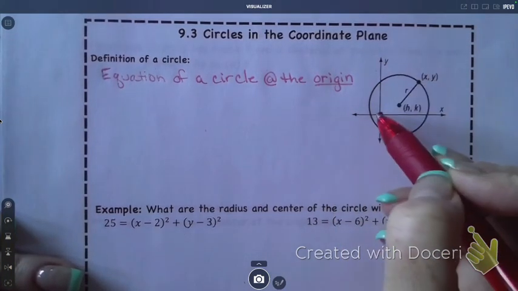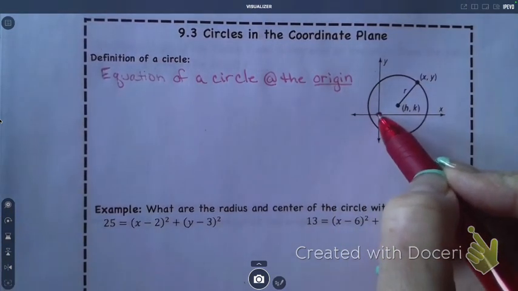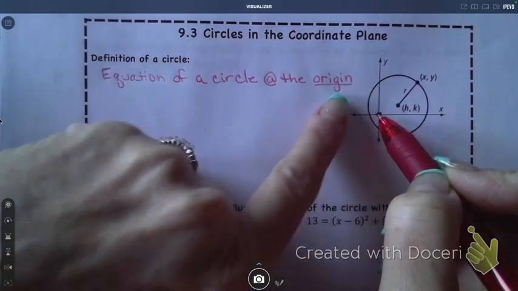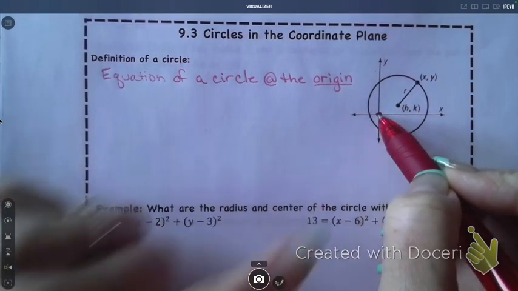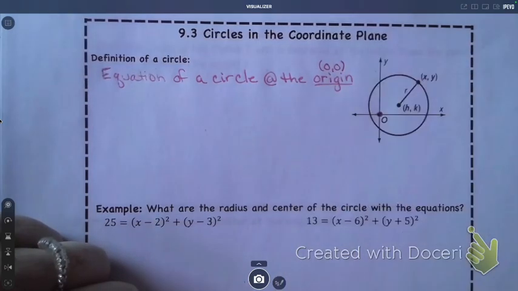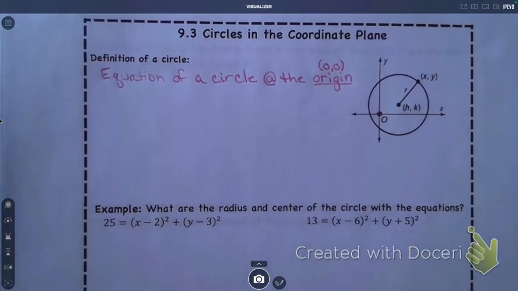X, Y. What is that point? 0, 0 is the origin. If you don't know the origin is 0, 0, you need to put it 0, 0. You need to know that word. It's the origin of a coordinate plane because they both start at 0, and go left, right, and up, down.